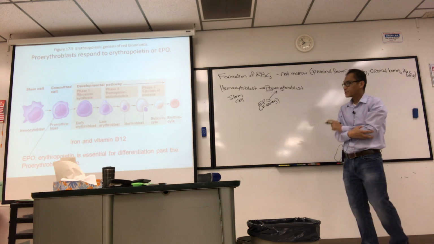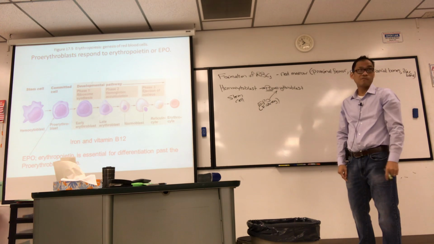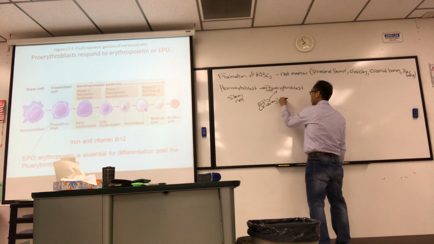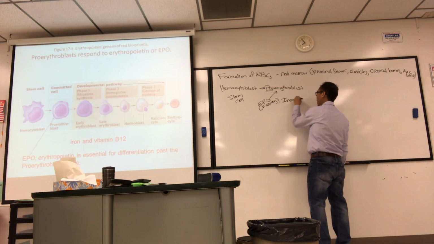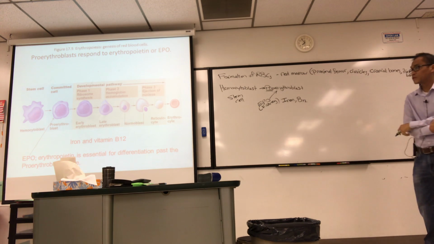So to get past that stage, besides EPO, you also need iron and B12. Okay, that helps too. Iron, vitamin B12, what you get from your diet.